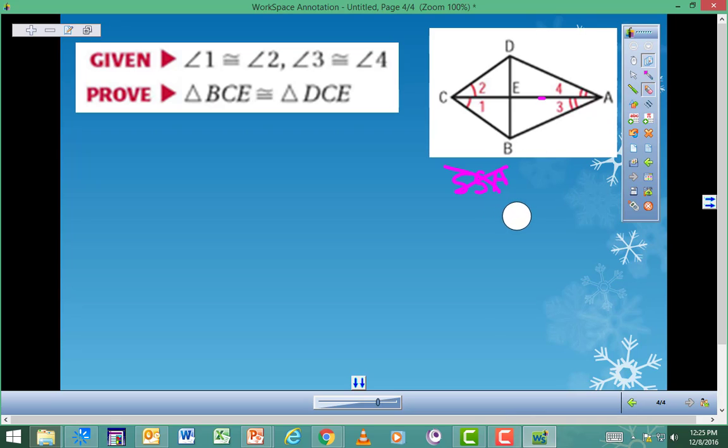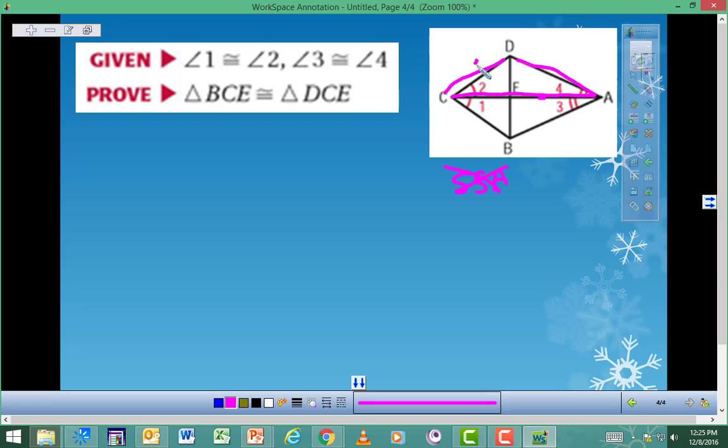Well, we might be able to do side, side, side. If I were to show that the big triangle, this one, is congruent, then I would be able to show that this side is congruent to this one down here. And then I'd have side, side, side, side, angle, side. Oh, there you go. Now we have a plan.